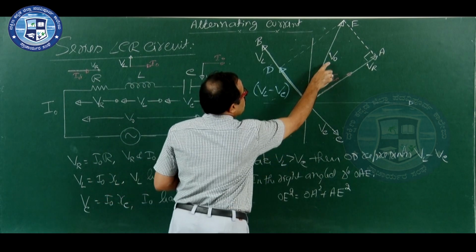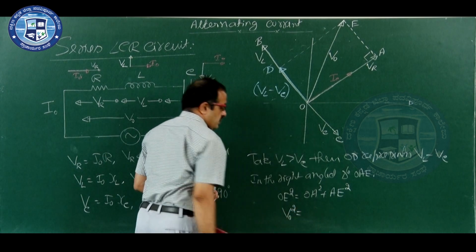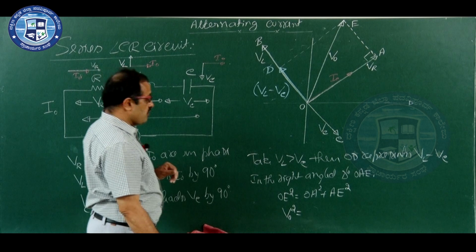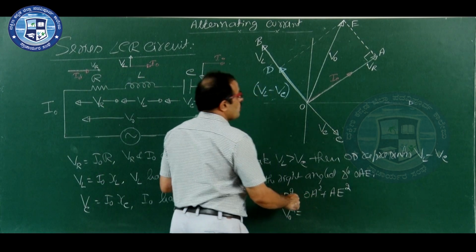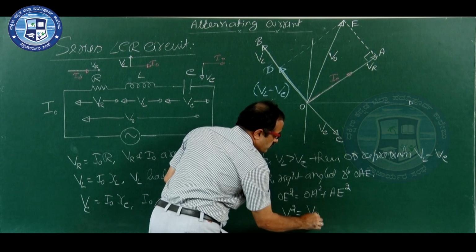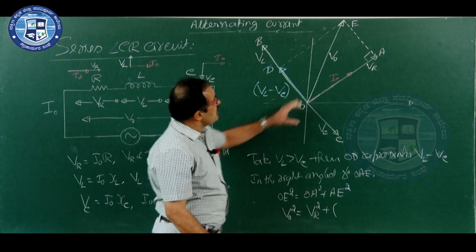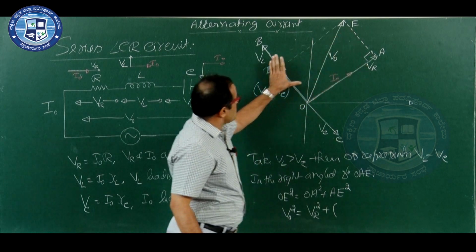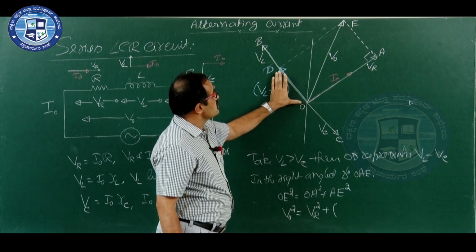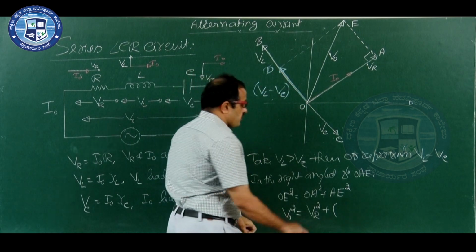What is OE square? It is V naught square, where V naught is the peak voltage across the circuit, is equal to OA square. What is OA? Representing peak voltage across the resistor, VR square. And what is AE? AE is also equal to OD, the parallel side of the rectangle. But OD, is it not VL minus VC?